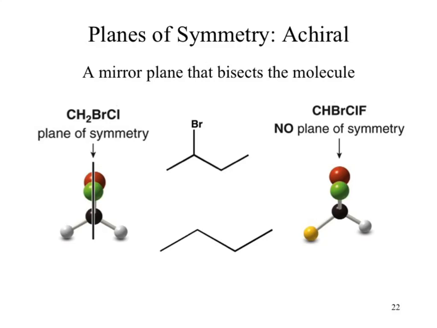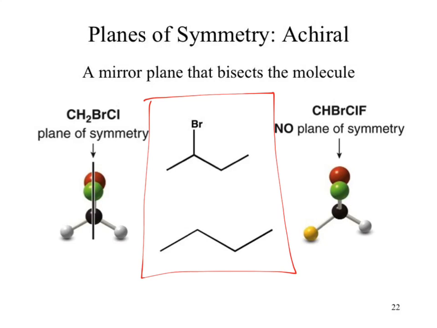Okay? If we take a look at the 2 structures shown in the middle, do these have internal planes of symmetry? All sorts of tricky things are happening within this.